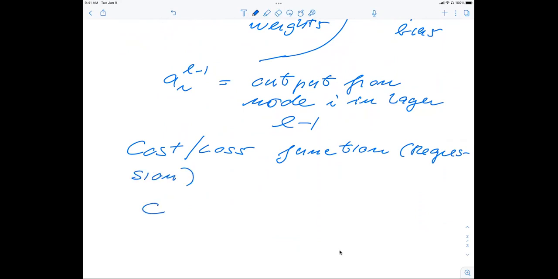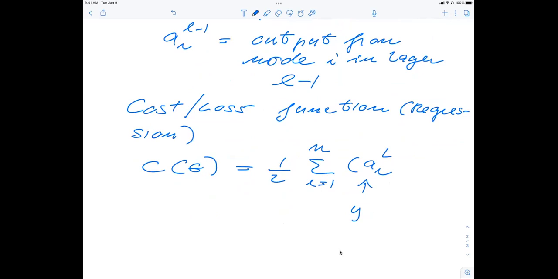In our case, C of theta is going to be given by 1/2, skipping the n term, times a sum over all the data up to n. Then I have my output from the final layer, what we previously called y of I tilde.